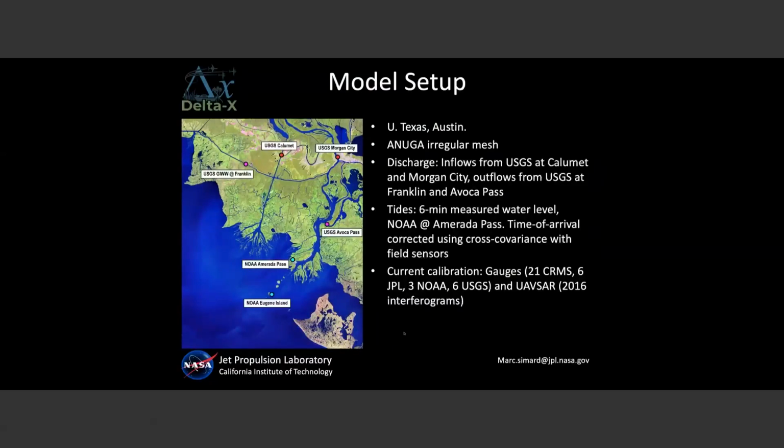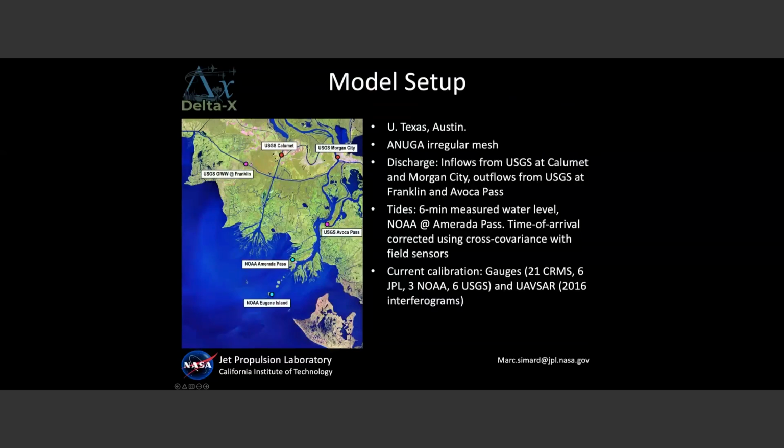So the hydrodynamic models need, of course, bathymetry, but you also need to constrain the discharge and the tide in the model domain. So at the top, we use USGS stations for discharge.